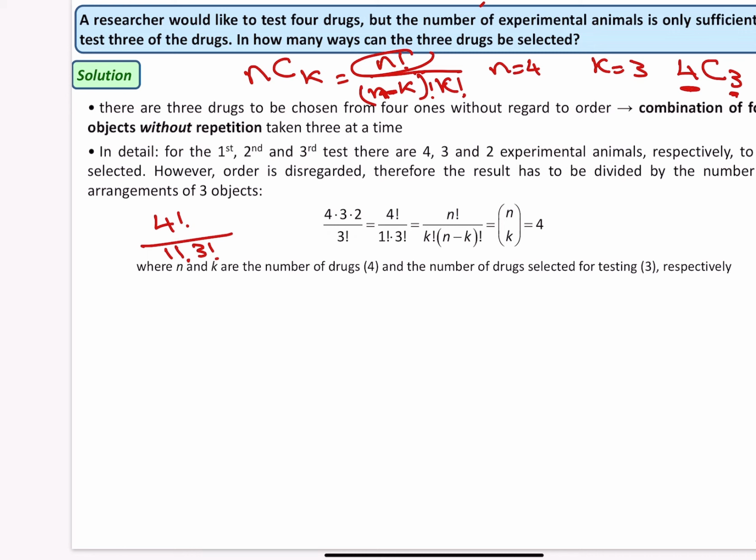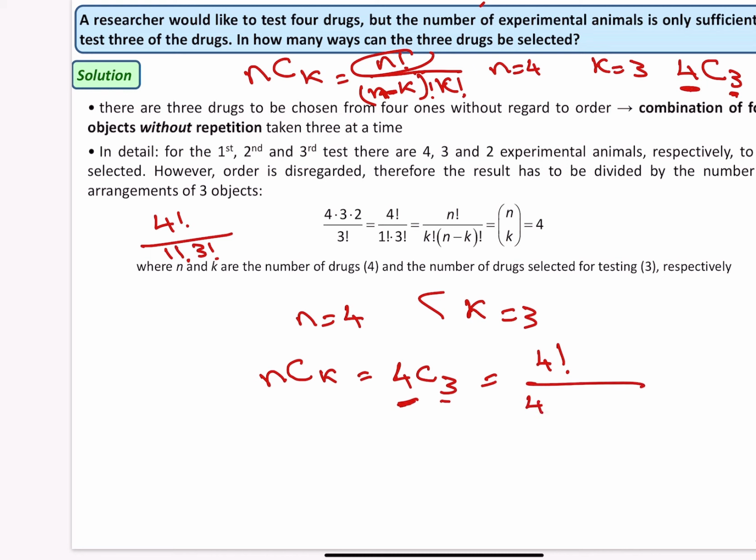The 3 factorial can be calculated on the calculator itself, or we can expand it and cancel it. Just let me answer this one with you. So the problem here is n equals 4, k equals 3. nCk equals 4C3 equals 4 factorial, first one, this minus this, 4 minus 3 factorial, times the last one, 3 factorial.